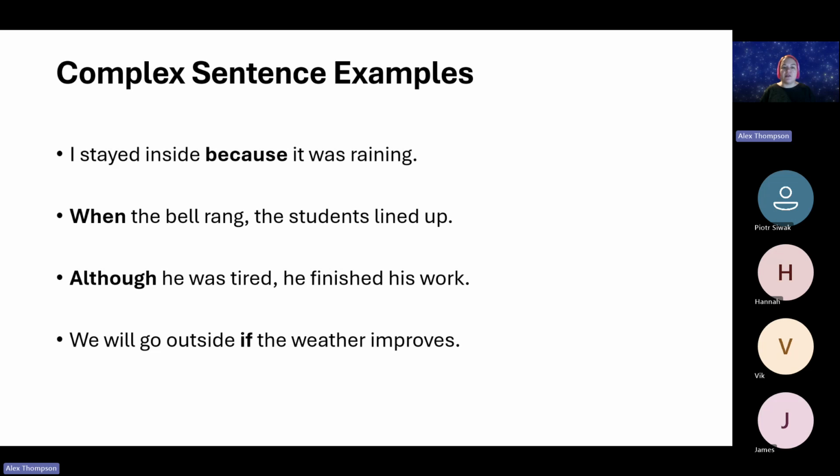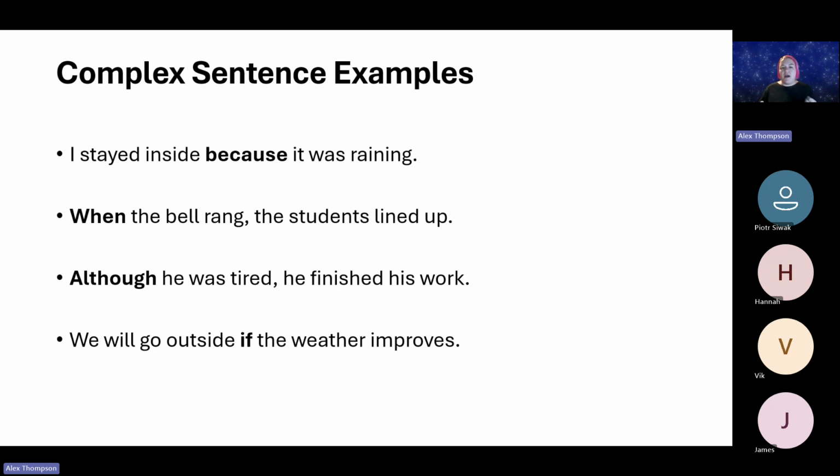It is an independent clause. It makes sense. If we said, if the weather improves, on its own, it doesn't make sense. It needs the first part of that sentence. So you can see sometimes the independent clause comes first and the dependent comes second, and sometimes it's the other way around and we have the dependent before the independent.